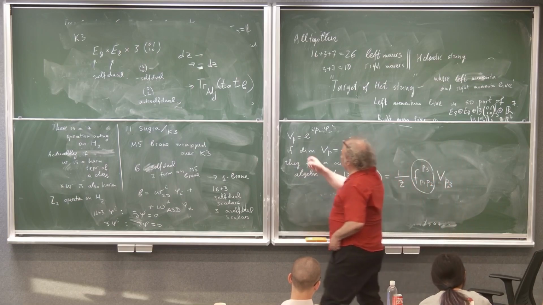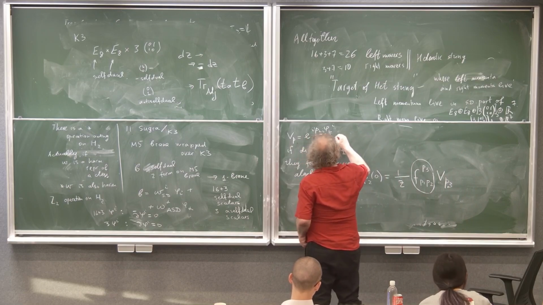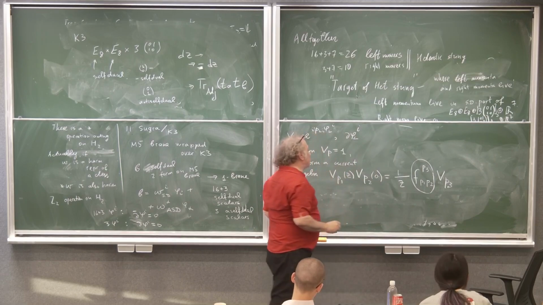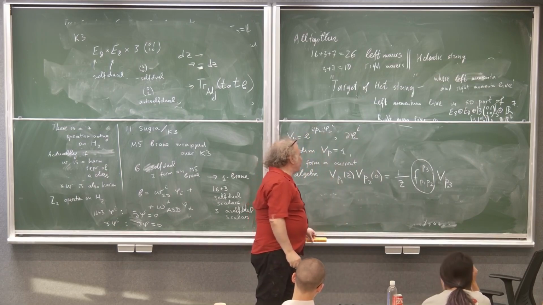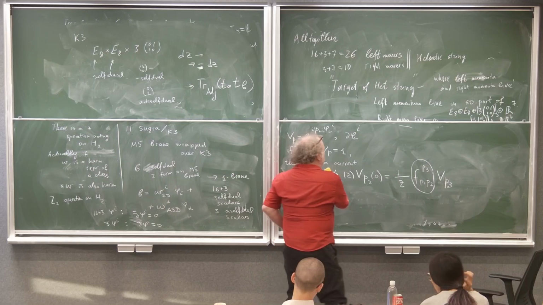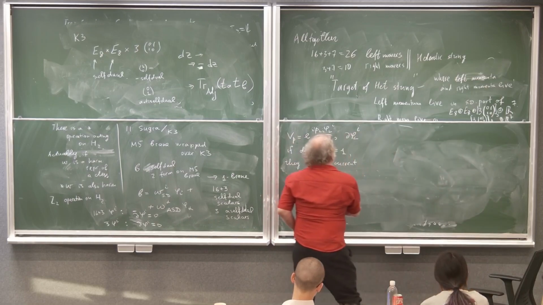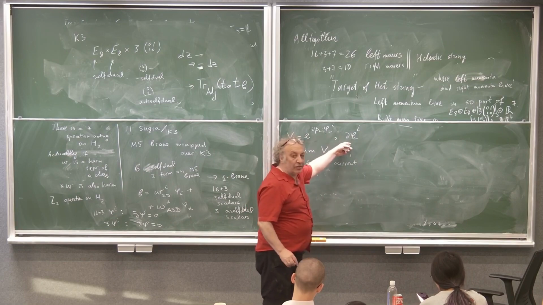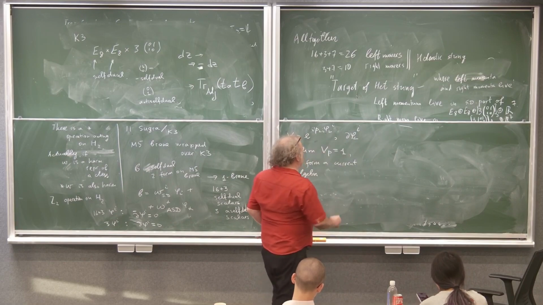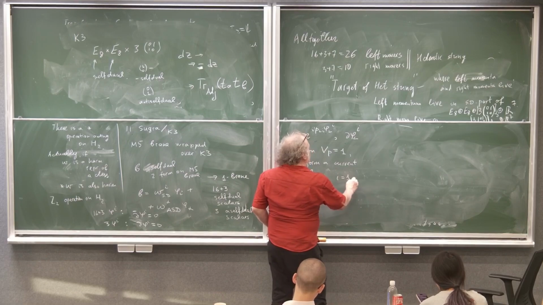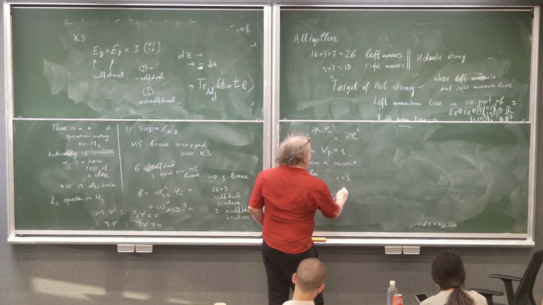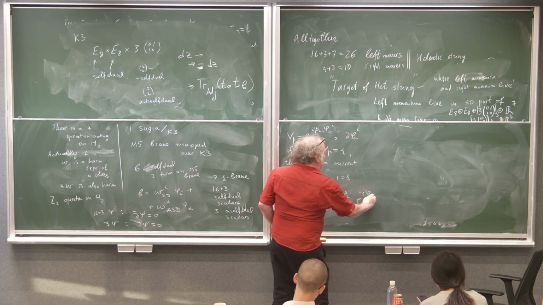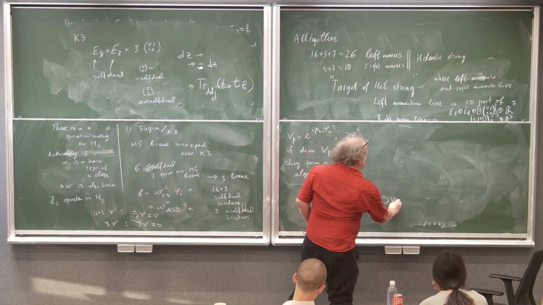So I would like to say that this VP and the operator of this type form a current algebra. The simplest example of this current algebra is e to the I phi left, e to the minus I phi left, and d phi left.